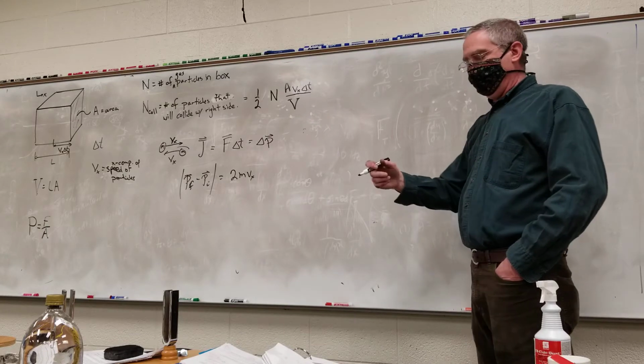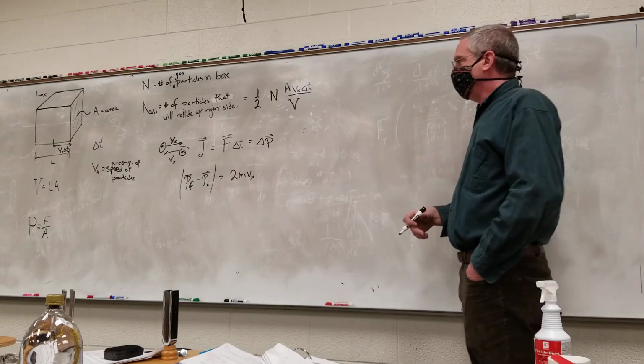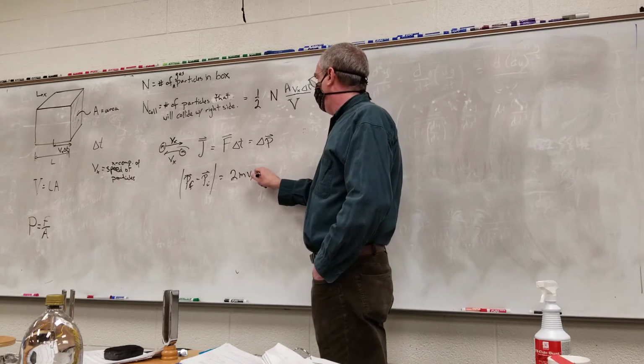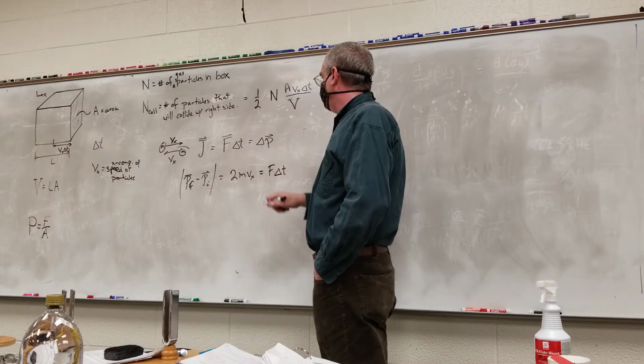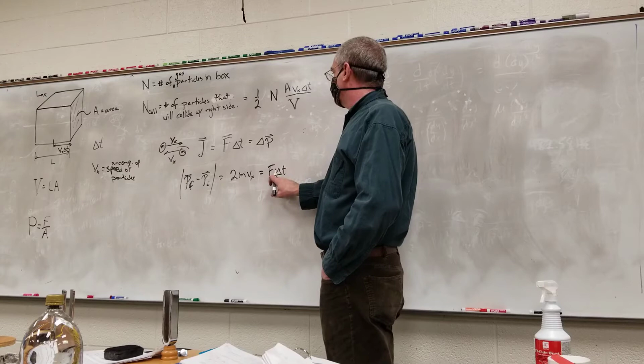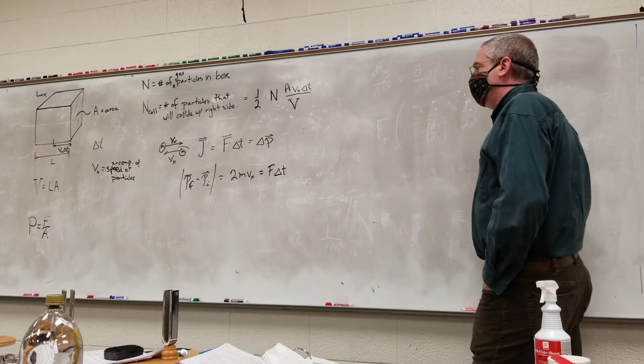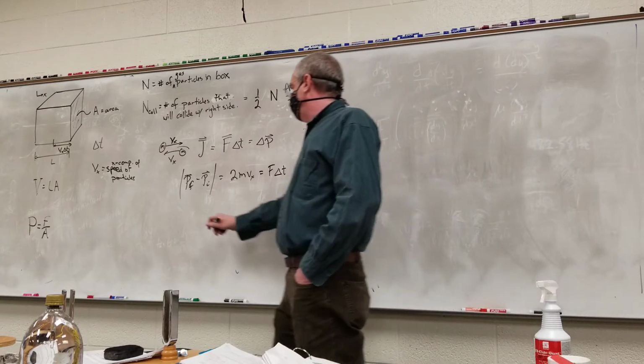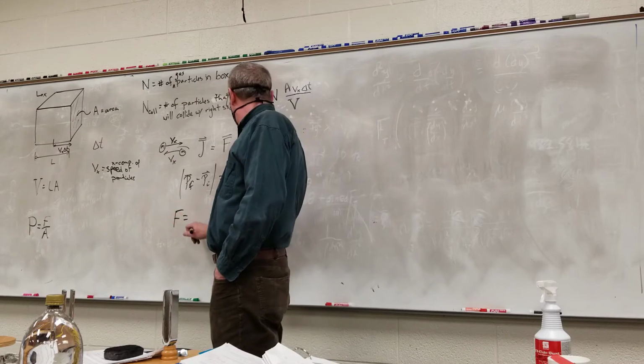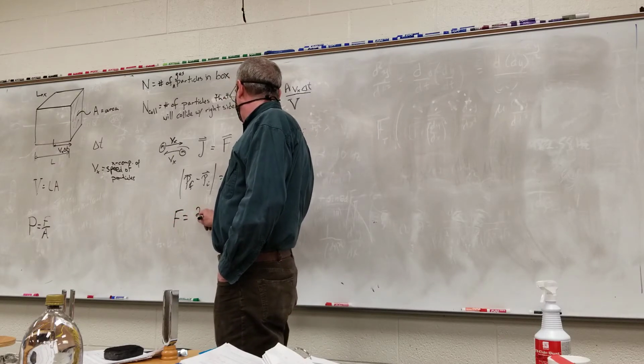In essence, I have mv minus negative mv, which is force times time. So the force that is exerted becomes 2mvx over delta t.